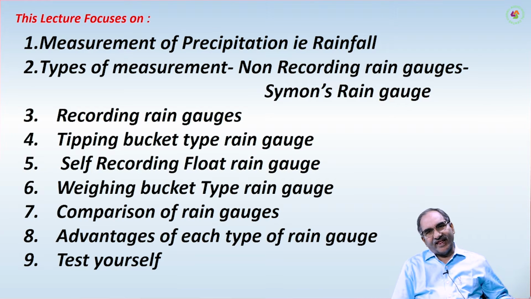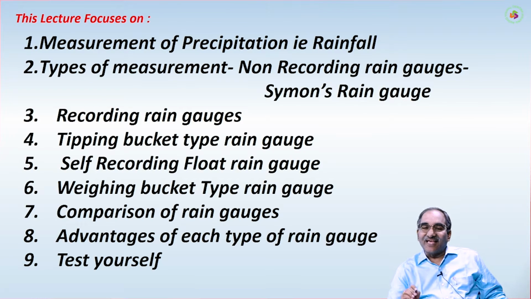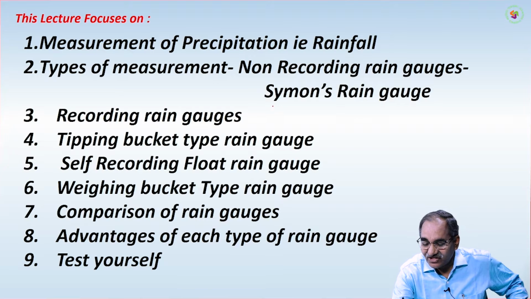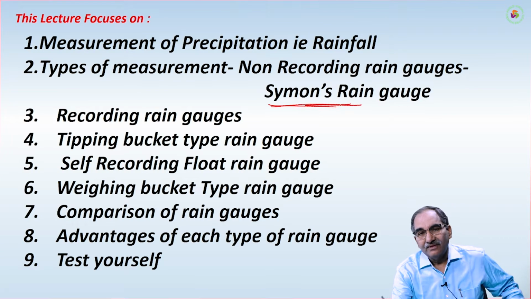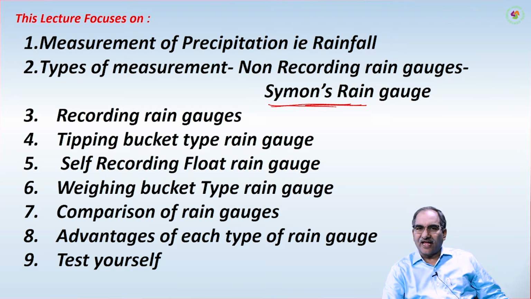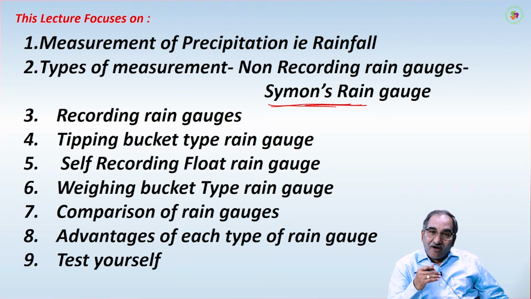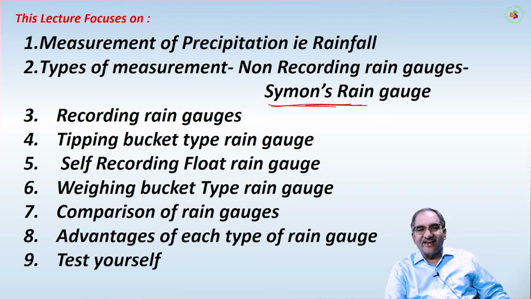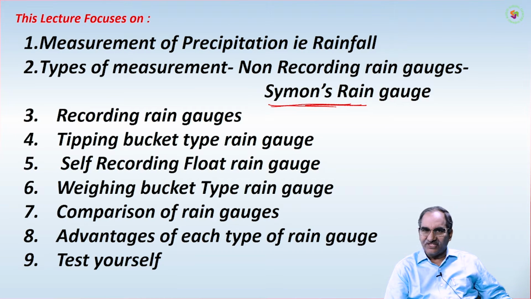The non-recording rain gauge is the old, first invention, the Siemens rain gauge. The Siemens rain gauge was the first rain gauge that was installed to measure precipitation. Then afterwards, the recording rain gauges came into the picture.